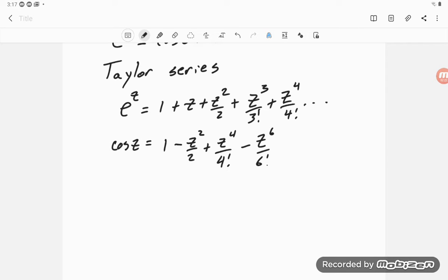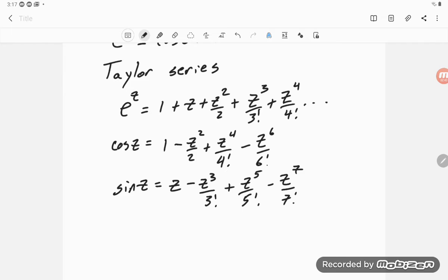And sine z is z minus z cubed over 3 factorial plus z to the 5th over 5 factorial minus z to the 7th over 7 factorial, and so on.